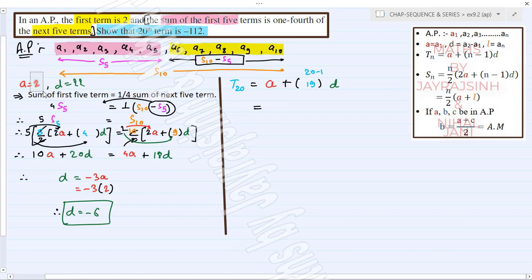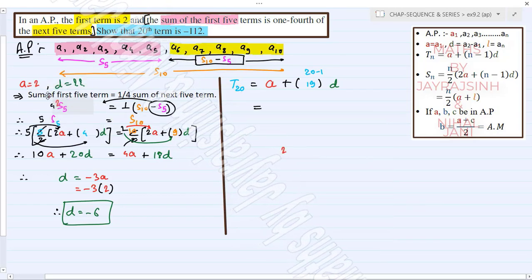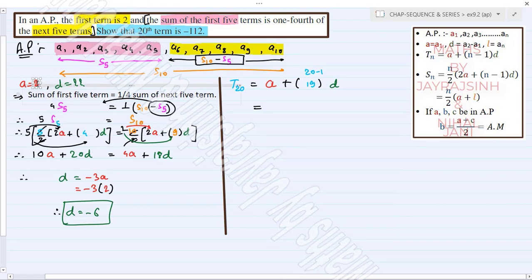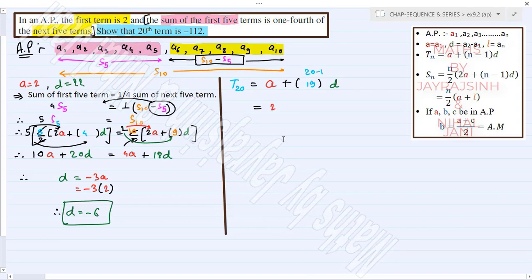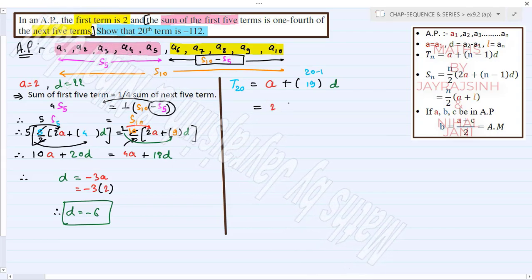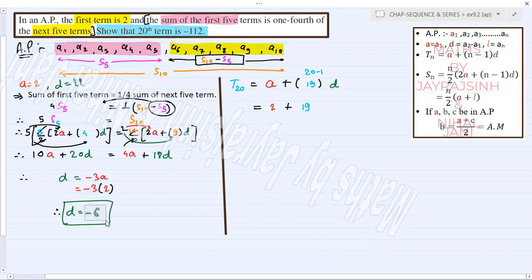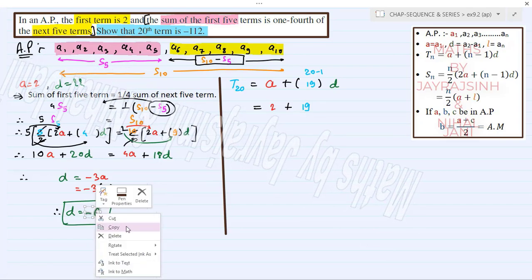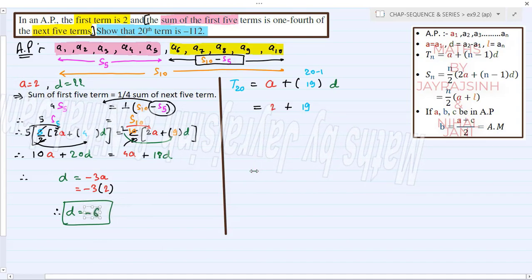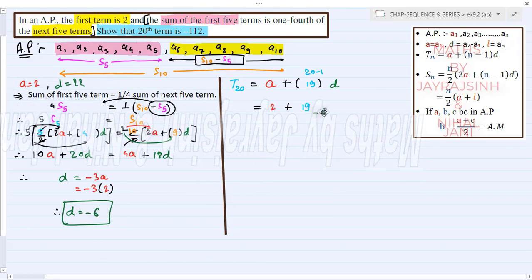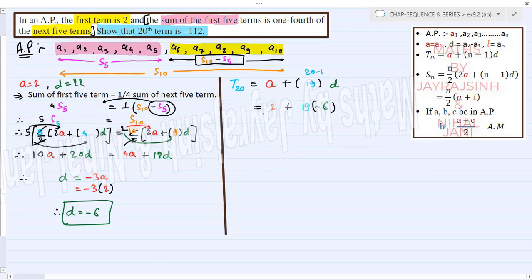we have the value of a and the value of d, which is minus 6.